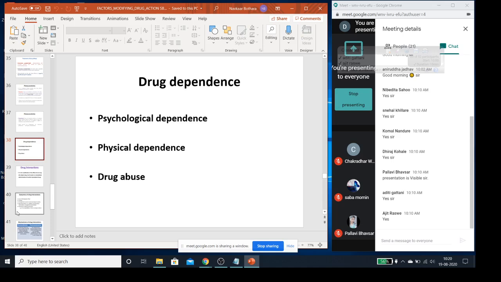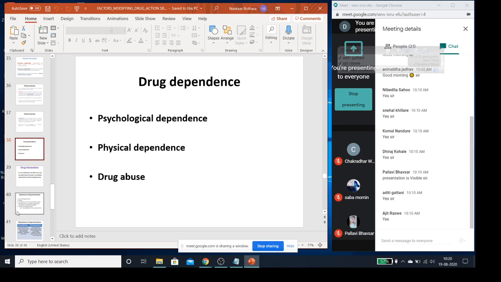So these drugs which are causing dependence, all are not taken for some pharmacological purpose. If it is taken for a pharmacological purpose, then it's fine. Example, morphine is taken for a pharmacological purpose as a painkiller. Then we can have a plan about it.